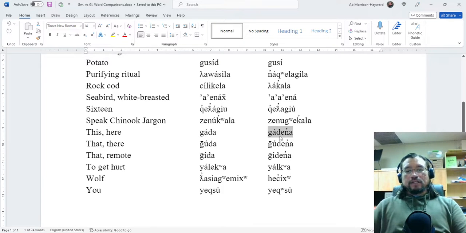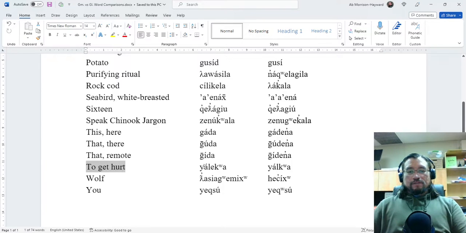In xenaksiala, gyadatna. The word for that there is, in xaisla, goda. In xenaksiala, it's godatna. For the word for that or remote, away, is gaida. That's the xaisla word, xenaksiala, gaidatna.